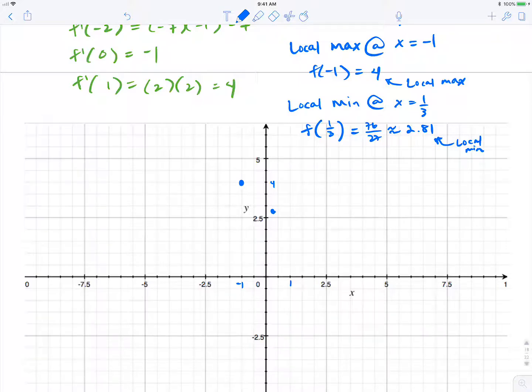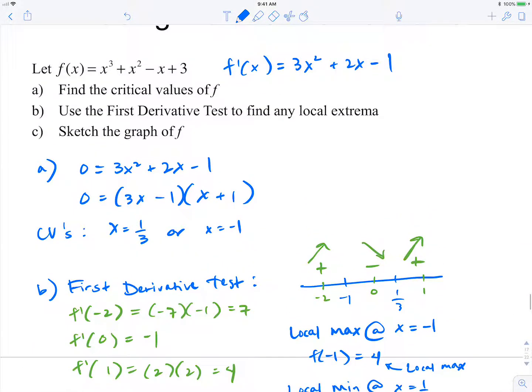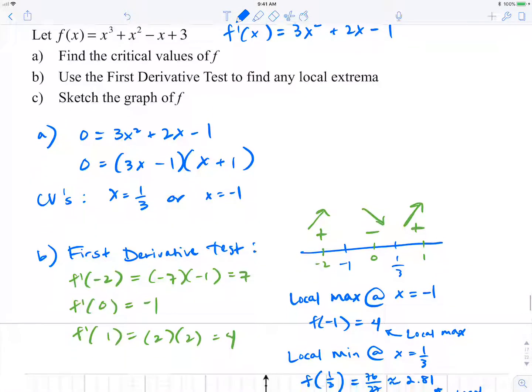Okay, so local max, local min. Now, for this to be a local max, remember it had to go from increasing to decreasing. And for this to be a local minimum, we had to go from decreasing to increasing. So the graph is going to look something like that. We can confirm that by graphing on our graphing calculator.